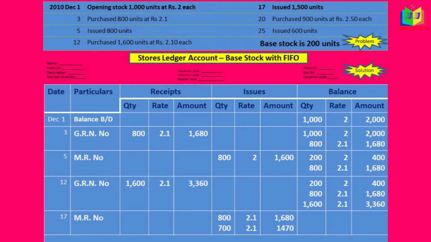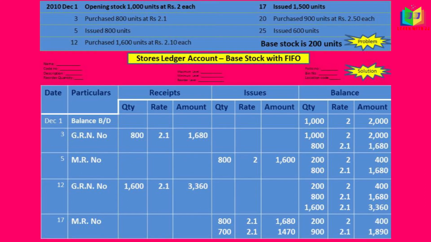Even though it is a FIFO method, we have to take the next 800 units, but we want 1500 units. So we can take 700 more units from the 1600 units. So we can issue 1500 units: first 800 at the rate of 2.1 and 700 units at the rate of 2.1. So I'll write the balance of 200 units and 900 units.